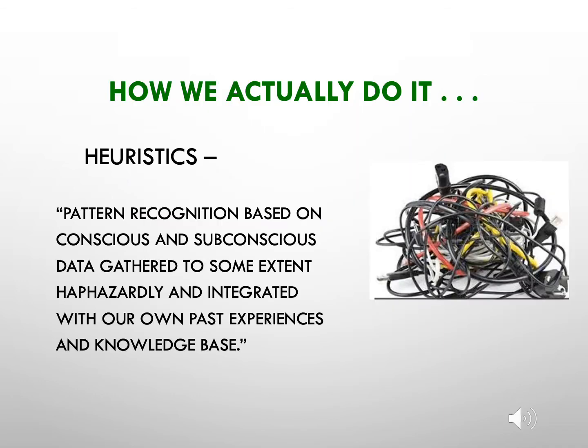Our reflex way of thinking is heuristically, and that involves pattern recognitions based upon conscious and subconscious data, which is gathered by us to some extent haphazardly and integrated with our own past experiences and our knowledge base. That's how we come up with decisions. Works the majority of the time. We depend upon our right brain a lot.